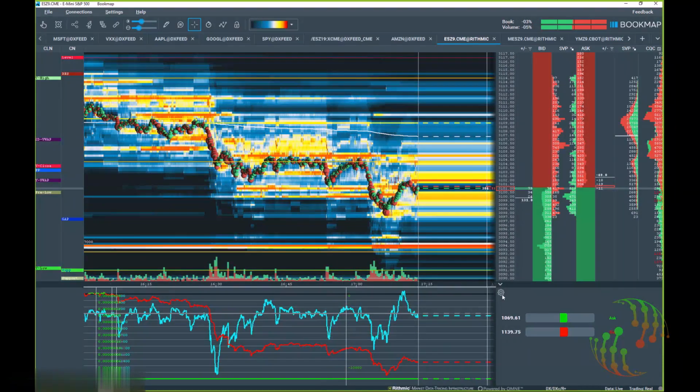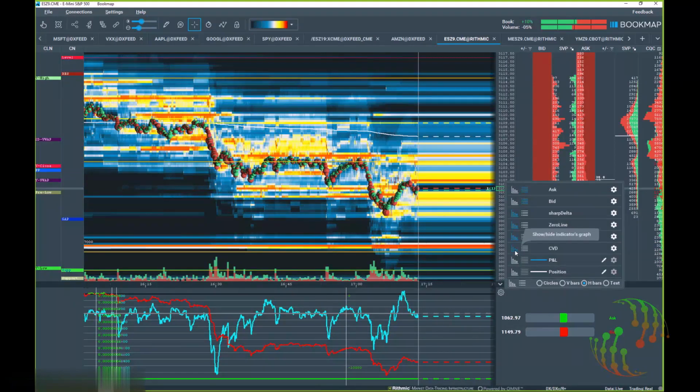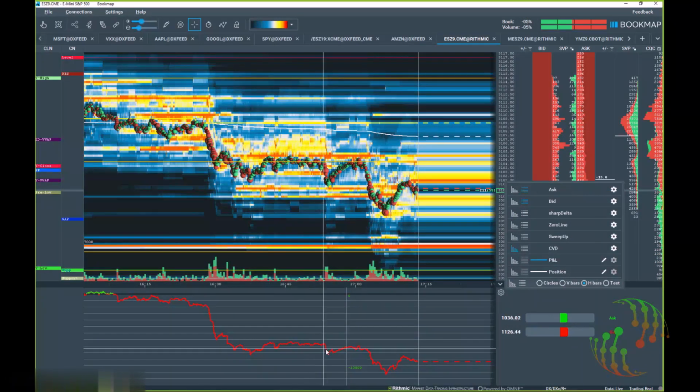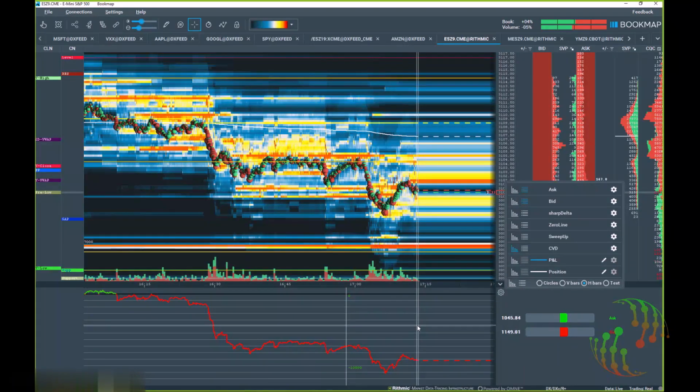Let me show you only the CVD here. So this is the CVD, the cumulative volume delta, and this is the very basic one, because it is based on simple calculations of buying minus selling.